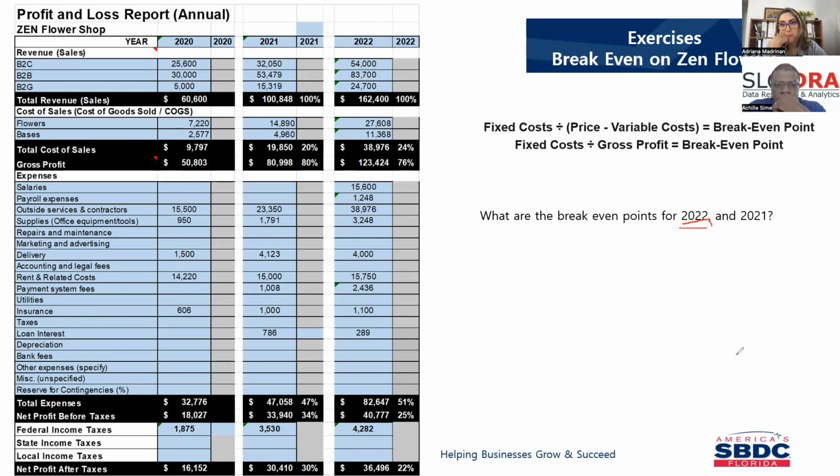So anybody wants to tell me what the number is? Well, no, I don't want it in percent. I want it in dollars. What is the dollar value for 2022?